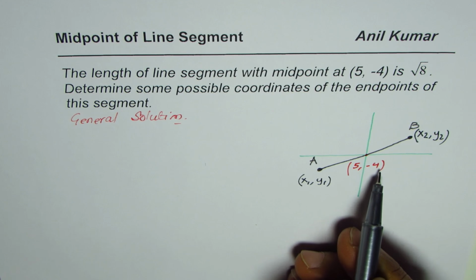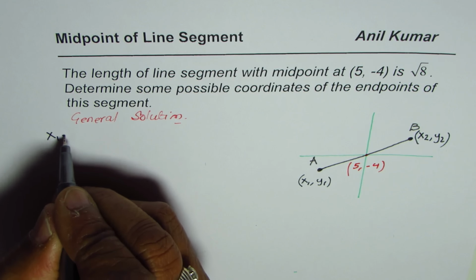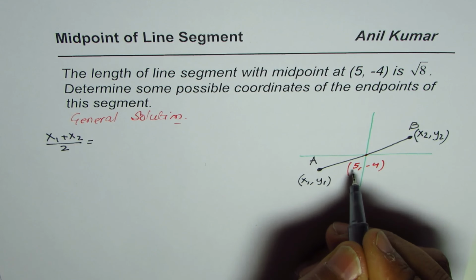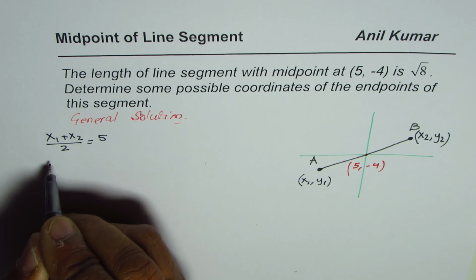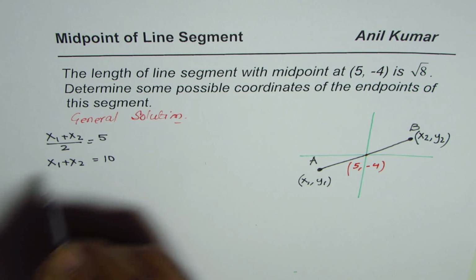Since (5, -4) is the midpoint, we can write our equation as (x1 plus x2) divided by 2 is equal to 5. That gives us x1 plus x2 is equal to 10.